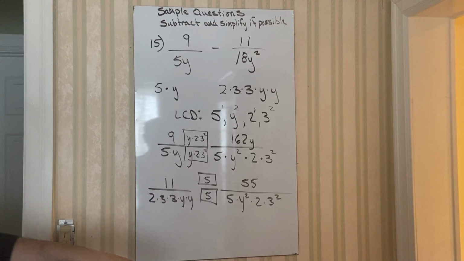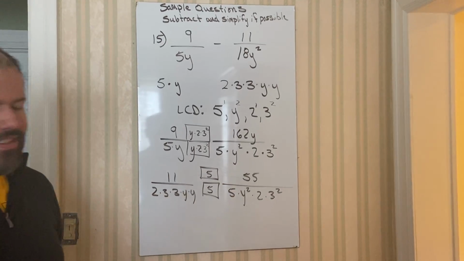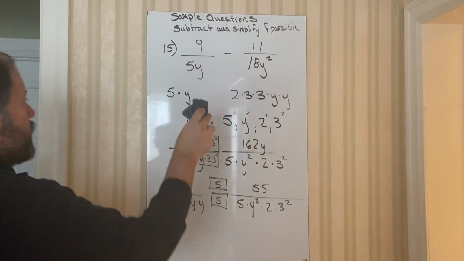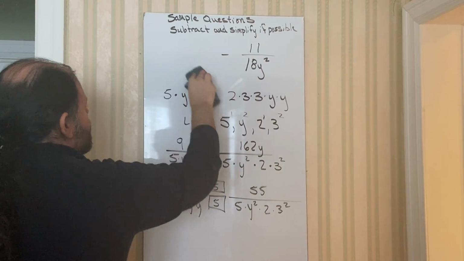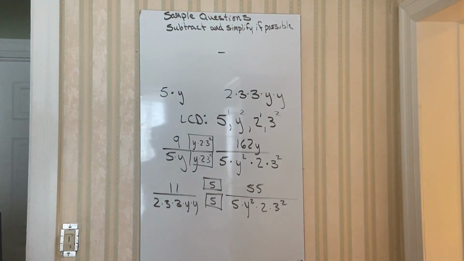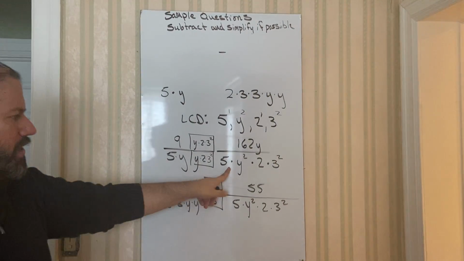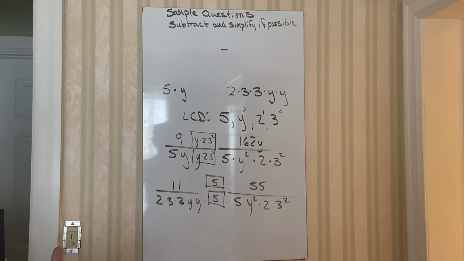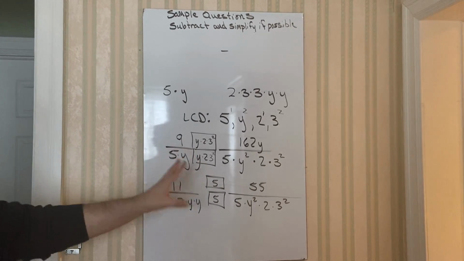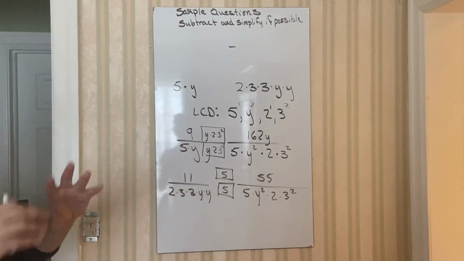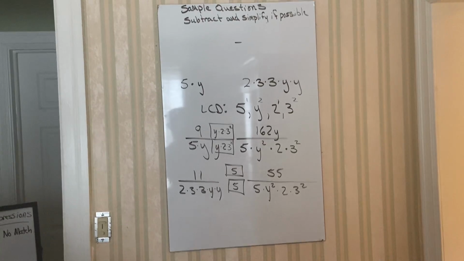So now that we have the same matching denominators, let me erase the originals so that we're working with the equivalent fractions. Now, because this is all monomial, it looks really sloppy. So this is where I said, okay, now that we're done raising, and they're monomials, we can multiply this out. If they were binomials, I would leave them as parentheses.